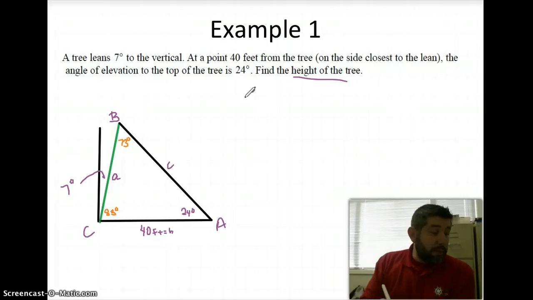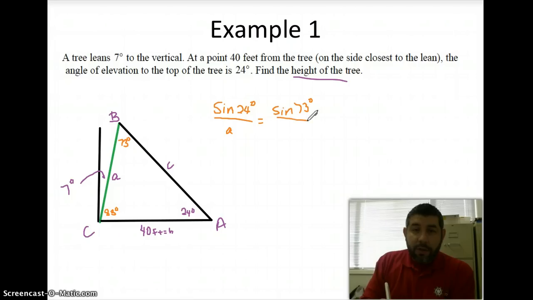So let's set up the law of sines. We're going to have the sine of 24 degrees over a is equal to the sine of 73 degrees over 40. This should get us a. So we're going to cross multiply.